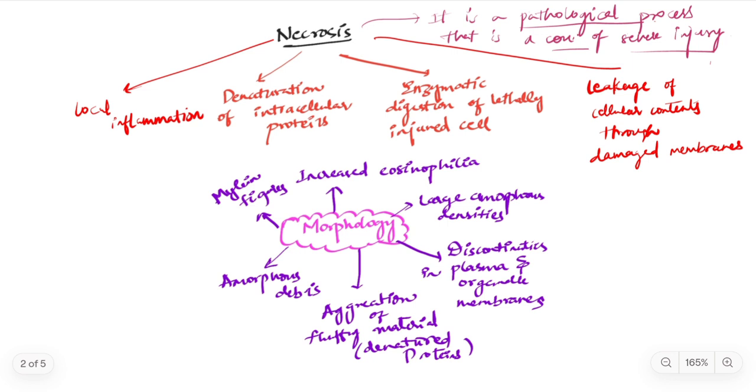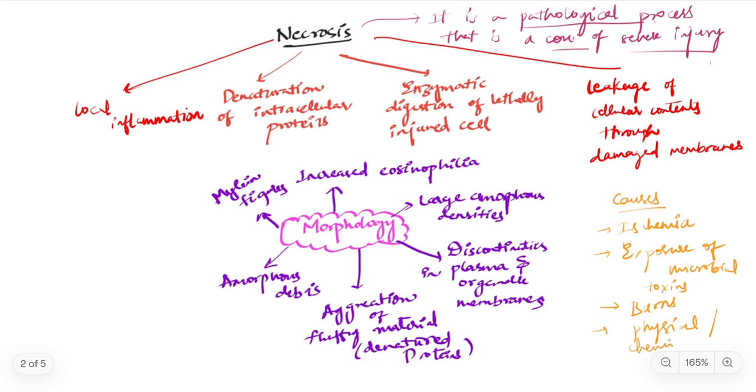So what are the causes of necrosis? Firstly, it is due to loss of oxygen supply, that is ischemia, or it may also be due to exposure to microbial toxins, or sometimes due to burns, or maybe a physical or a chemical injury.